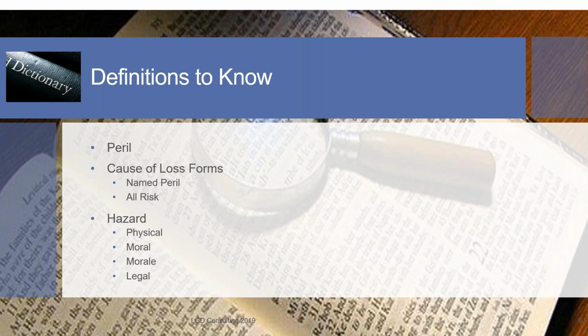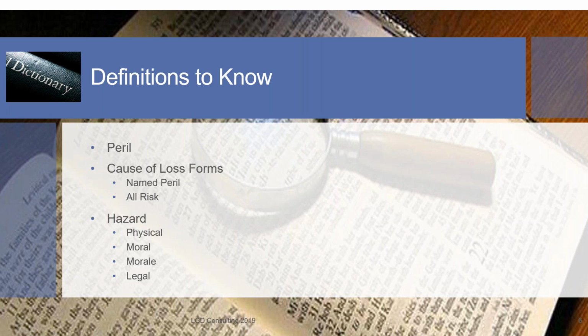So if you suffer a loss and it's not one of the perils on this list of being excluded, then it's covered. So the named peril forms and the all risk forms are actually opposites of each other. The named peril has a list of perils it covers, and the all risk has a list of perils it excludes. Right? So make sure you understand the difference.